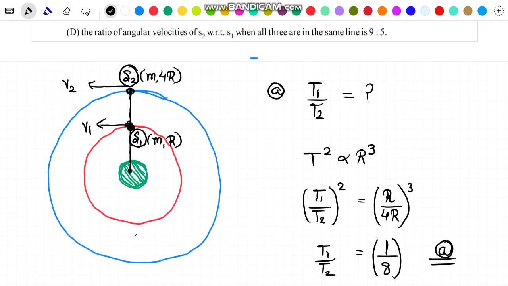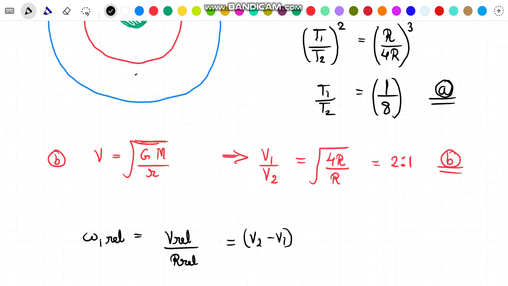When both the satellites are in this position as shown, v relative is v2 minus v1, divided by r relative, that is the relative distance between these two satellites, which is r2 minus r1.